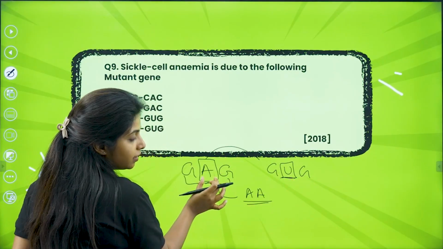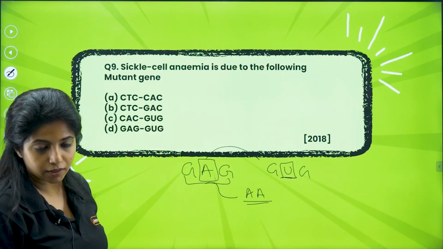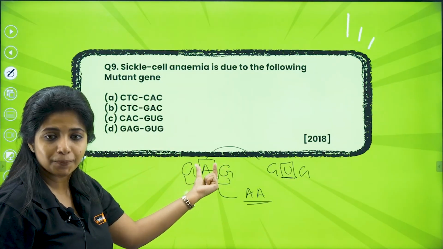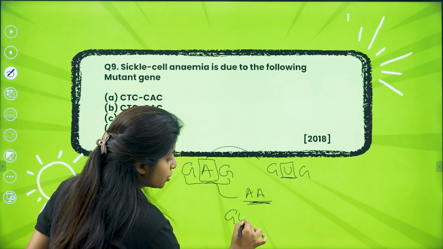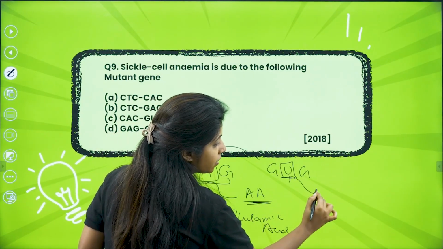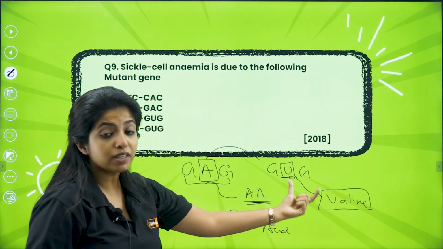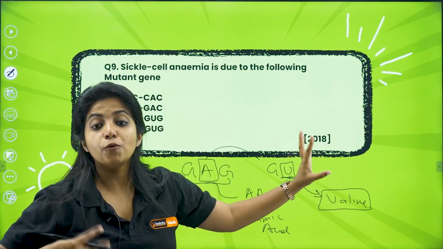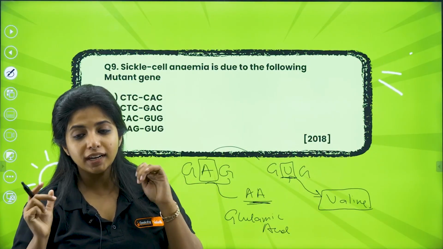Instead of adenine, another nitrogenous base, uracil, comes up. Because of this point mutation, instead of forming glutamic acid, we are forming another amino acid known as valine. Now the amino acid is changed, so the protein produced will also be somewhat different.